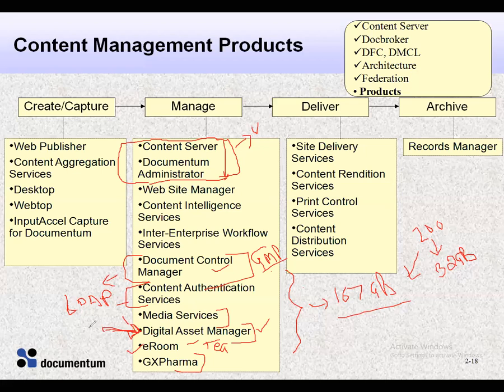Nowadays, mostly a third party DAM is used. I mean, there is a Documentum DAM, but nowadays organizations are using a third party DAM; there are some other companies that have digital asset managers.